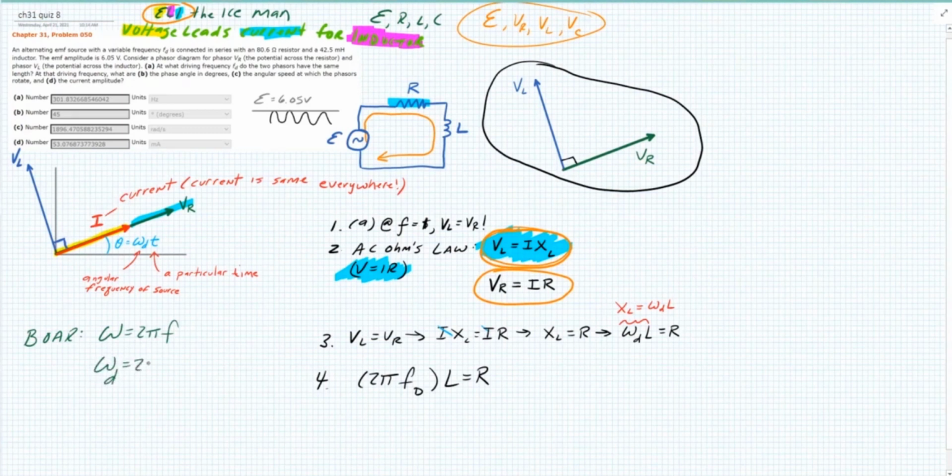So the driving angular frequency is 2 pi times just the regular old linear driving frequency. Omega subscript D is driving angular frequency. F subscript D is just driving frequency without the angular. All right, so there's our dollar sign right here. Number 5, solve for FD.